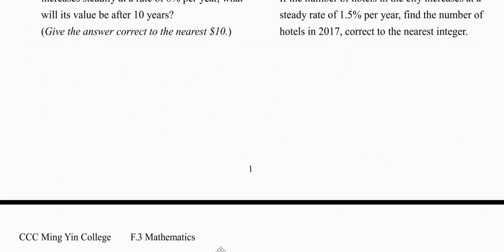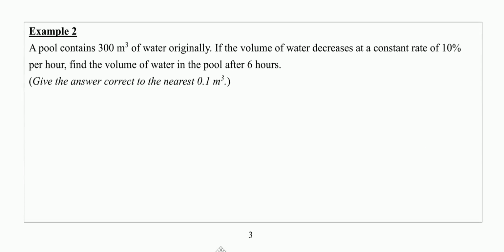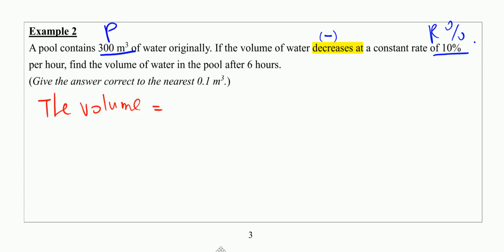Let's see some more cases about the decreased case. This time we want to find the volume of water in the pool after 6 hours. The volume of water will decrease at a constant rate of 10%, so here we should use the minus sign in our formula. This is the P and this is the R percent, so we can put everything into the formula and get the answer.